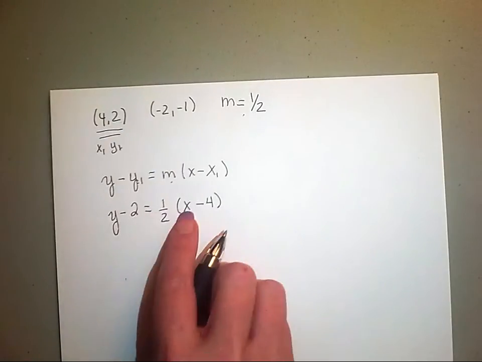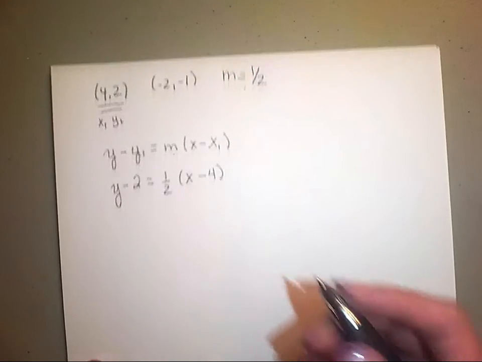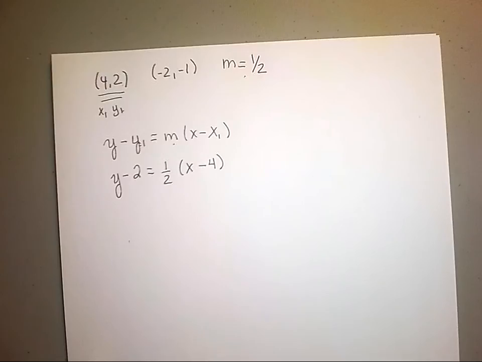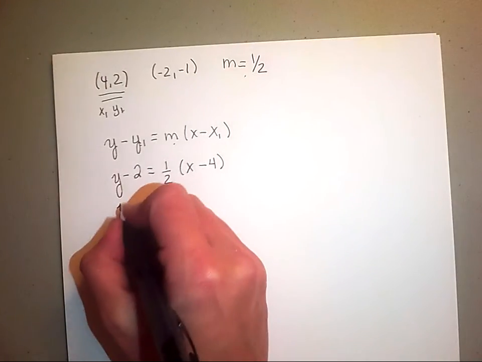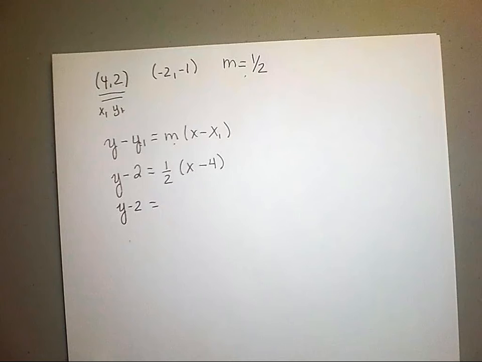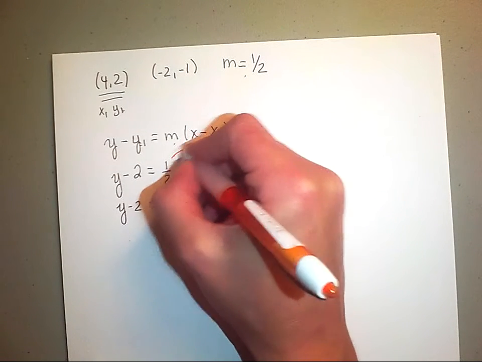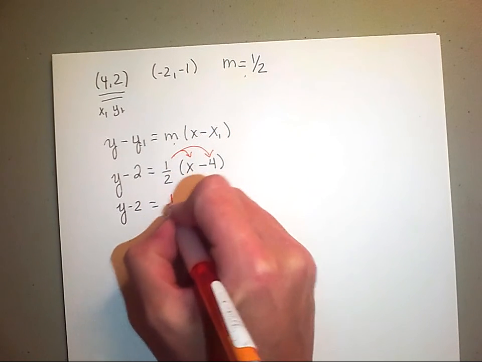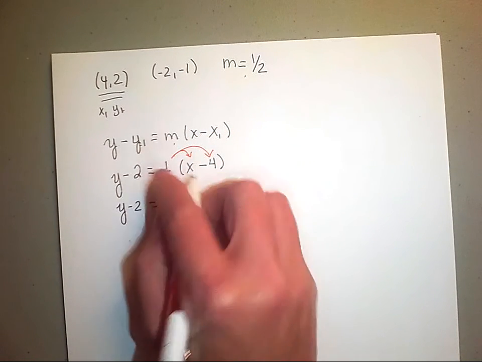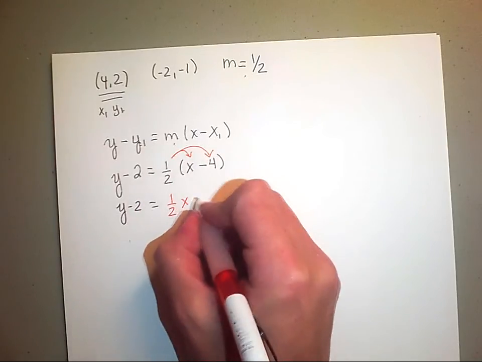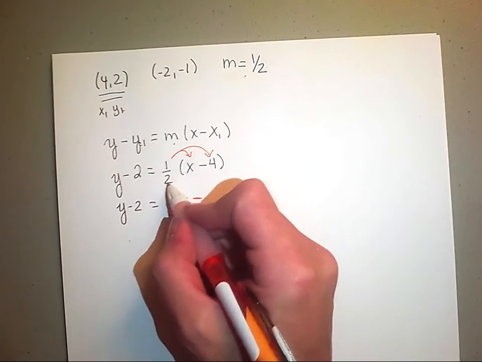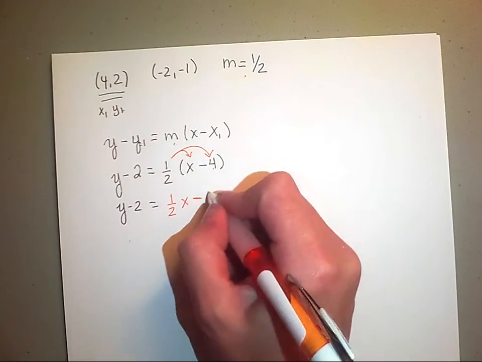And these x's and y's just stay there. So now the left-hand side is simplified. We'll just copy that. And on the right-hand side, we'll distribute this through. Okay. To get 1/2 of x, then a positive and a negative will become negative, and 1/2 of 4 is 2.